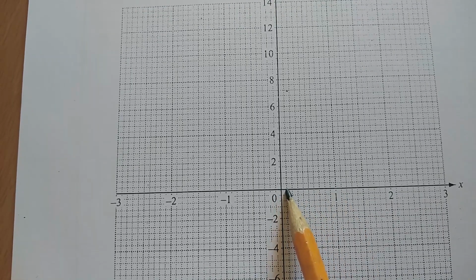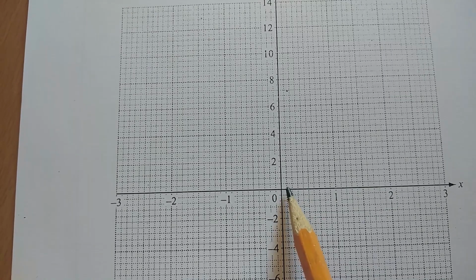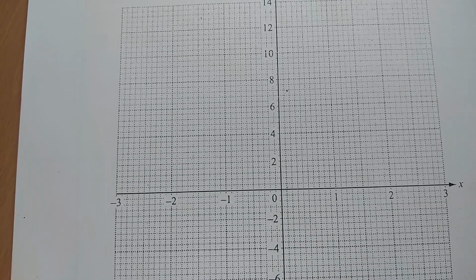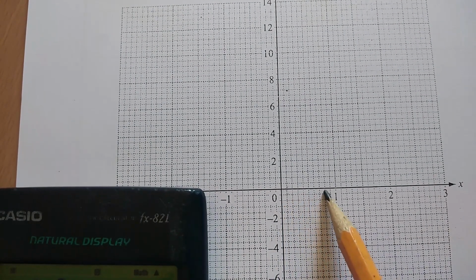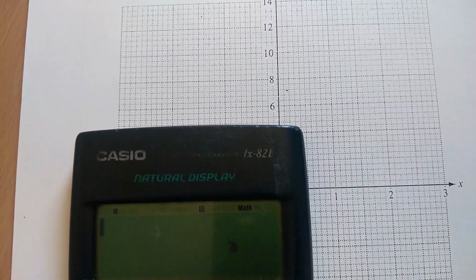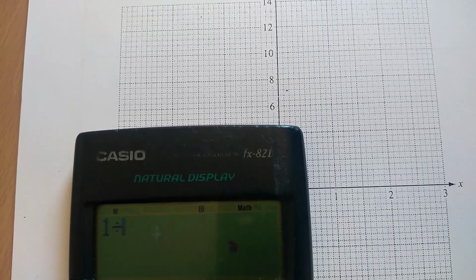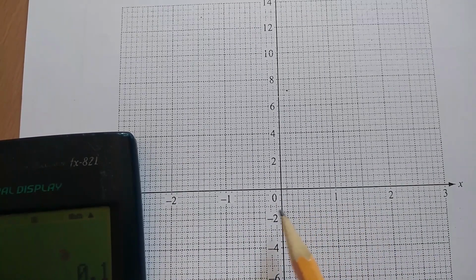You are supposed to understand what a small box means. If you don't know how to get that, just count 1, 2, 3, 4, 5, 6, 7, 8, 9, 10. You have 10 small boxes. So we are just going to say 1 divided by 10, and then you're going to get 0.1. So every small box in your x-axis is 0.1.